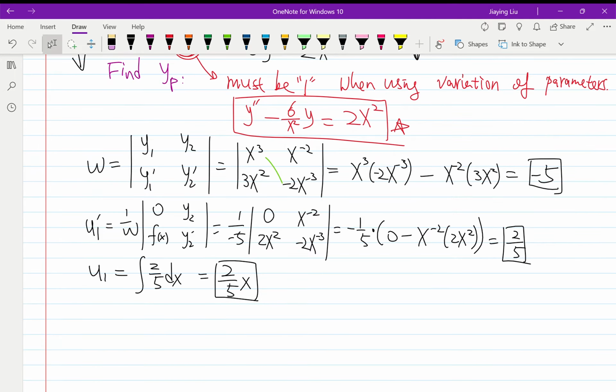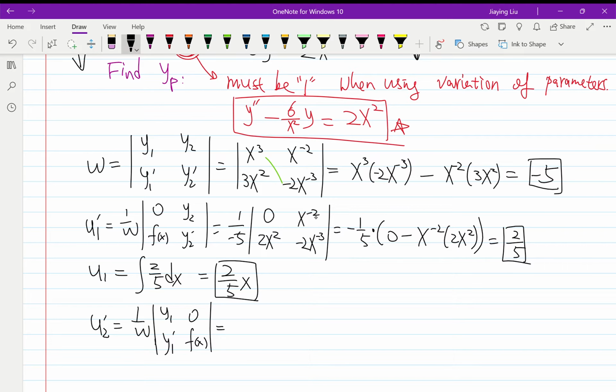And then we can use the same approach to find u2 prime, which is 1 over the Wronskian times the determinant of this matrix. This matrix is just like the Wronskian, except the 0, f of x is going to go to the second column. The first column stays the way it is, y1, y1 prime. But the second column is replaced with 0, f of x.